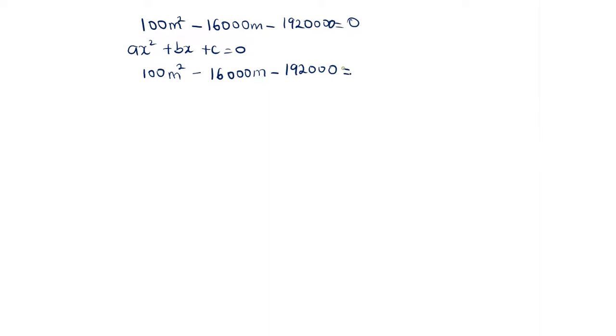We divide both sides of the equation by 100, the coefficient of M squared, and this one too divided by 100.